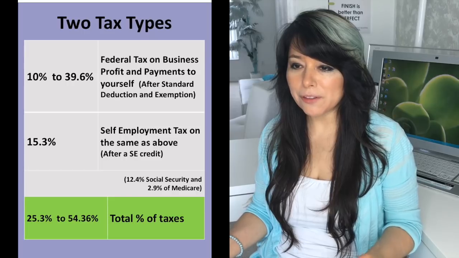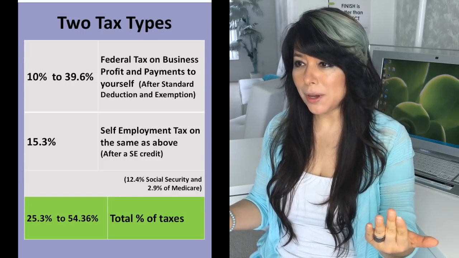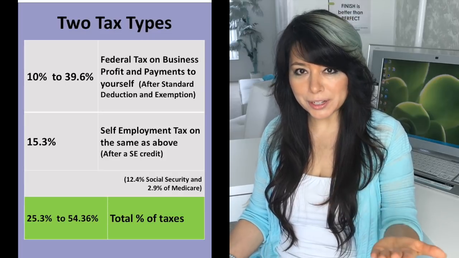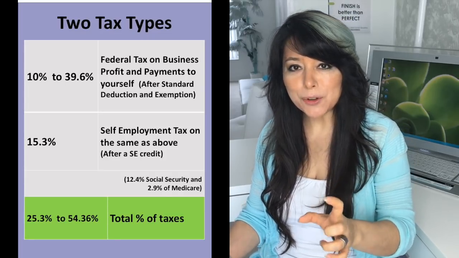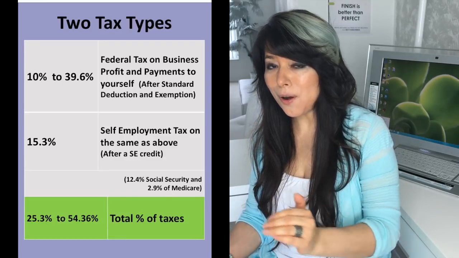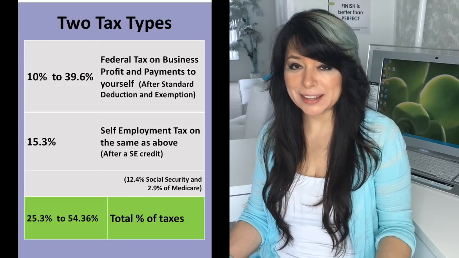So for example, if you're in a 10% tax bracket plus 15.3%, you have a starting overall tax of 25.3%, and it goes all the way to 54.36%.